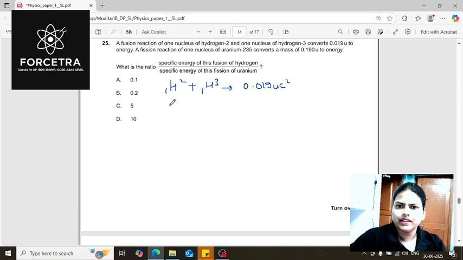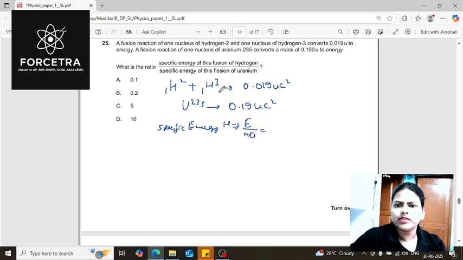And in the other reaction, which is a fission reaction, uranium 235 is reacting to give 0.19 u c squared of energy. So we have to find the specific energy of this fusion of hydrogen. To find the specific energy, it is total energy divided by the number of nucleons.